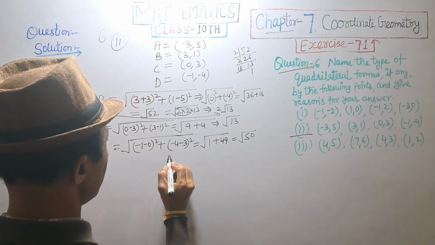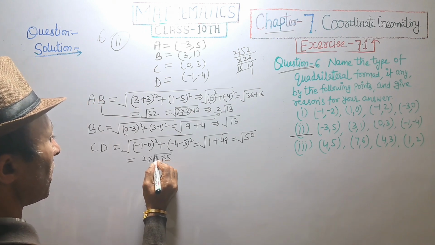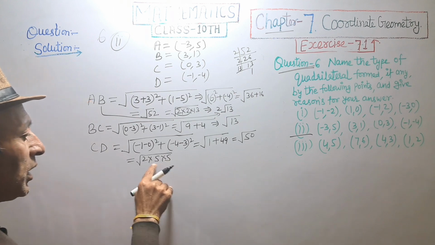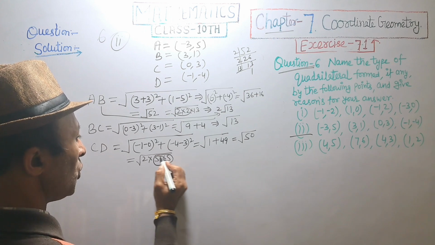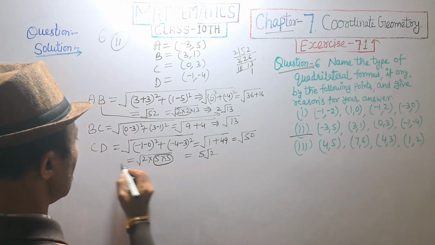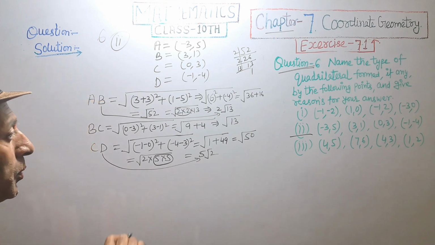Root 50 we can write as 2 into 5 into 5. The prime factorization of 50 is 5, 5 are 25, 2 are 50, and taking 5 common from the root, 5 root 2. The value of CD is equal to 5 root 2.